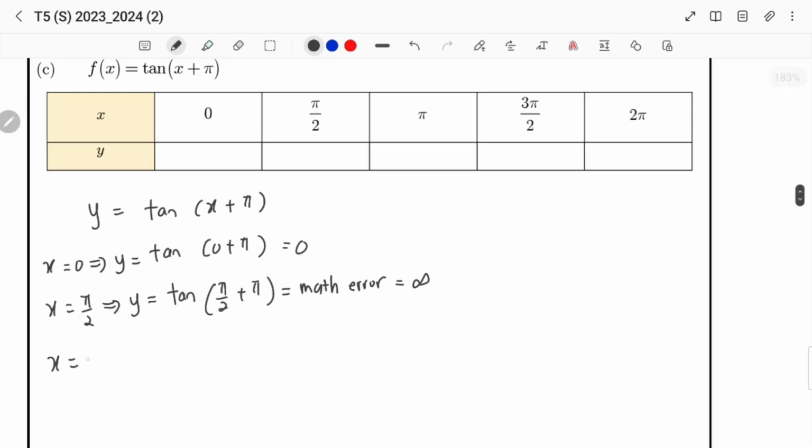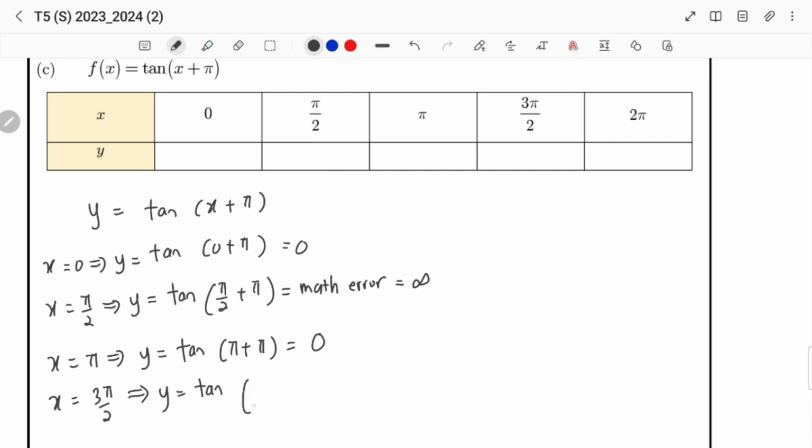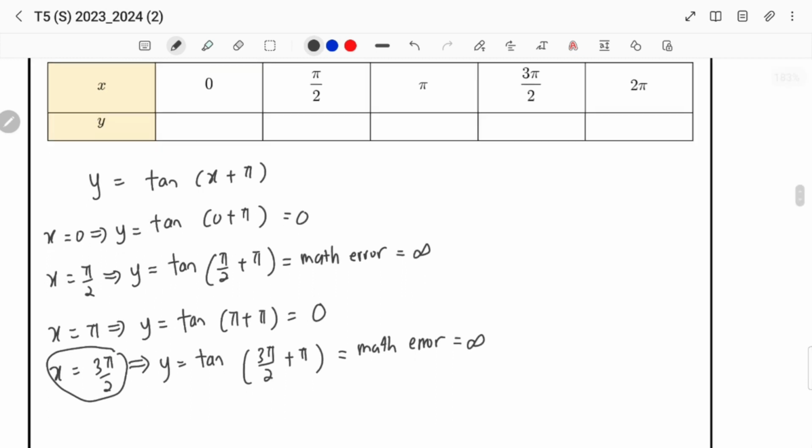Next, x equals π, y equals tan(π + π), which is 0. x is 3π/2, y equals tan(3π/2 + π), which is also a math error, which means we have another asymptote when x is equal to 3π/2. So the value is infinity.